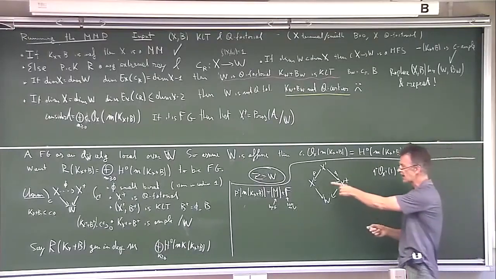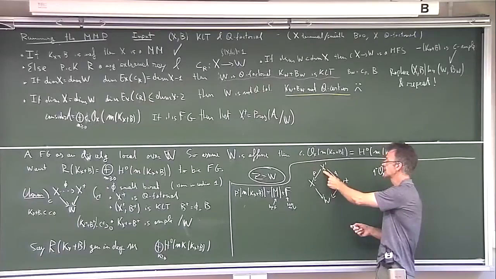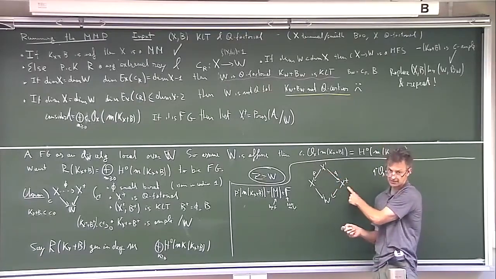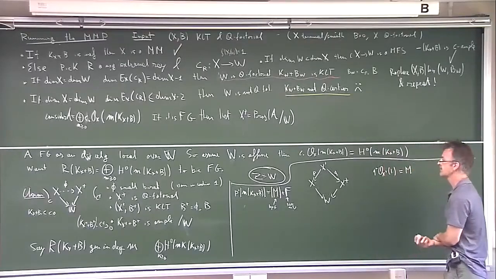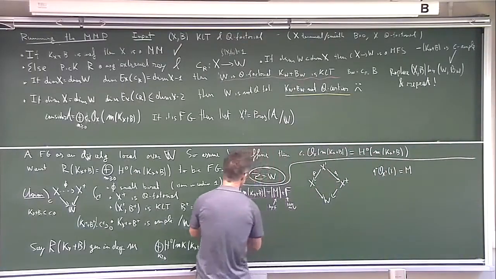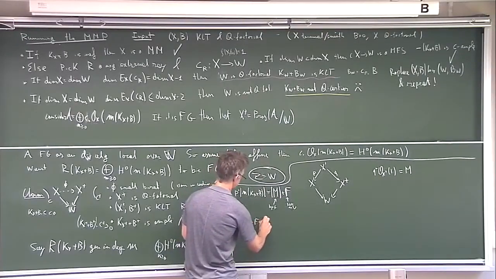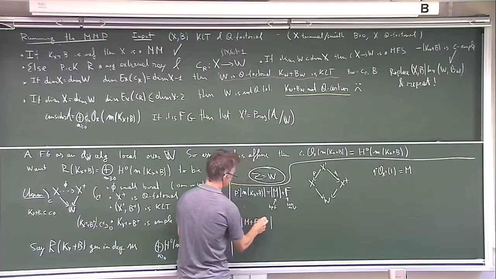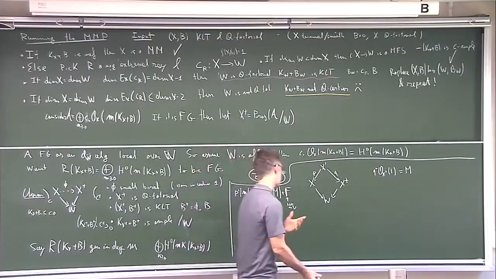So I extracted a whole bunch of divisors here, right? And I'm claiming that I have to contract them again to get down here. OK, so let's think about the linear series corresponding to M plus F plus E, where E is any P-exceptional divisor.